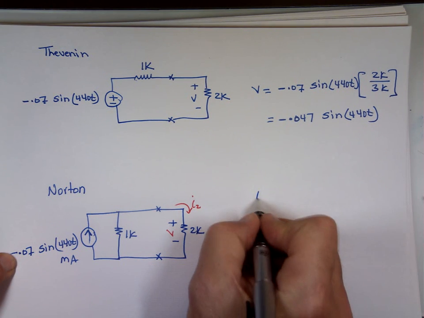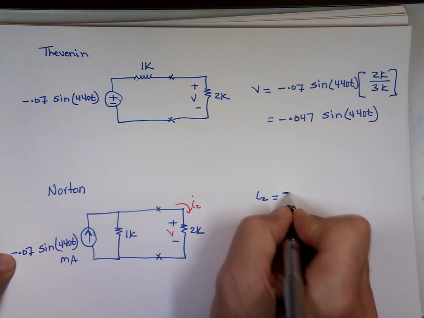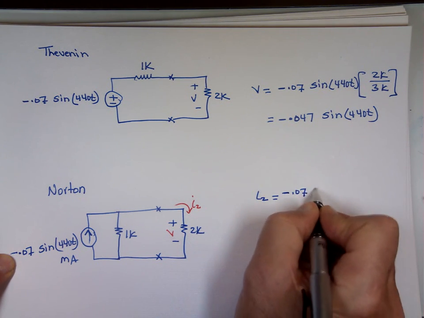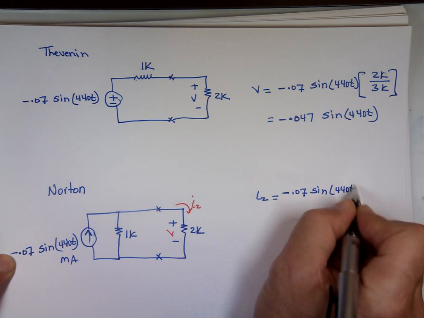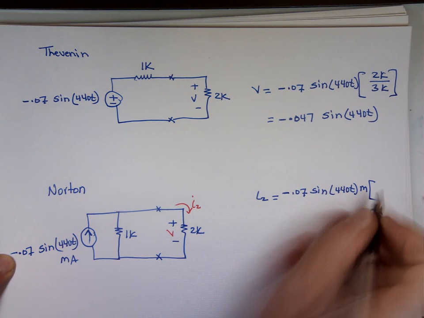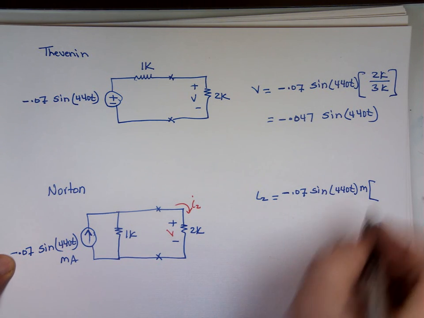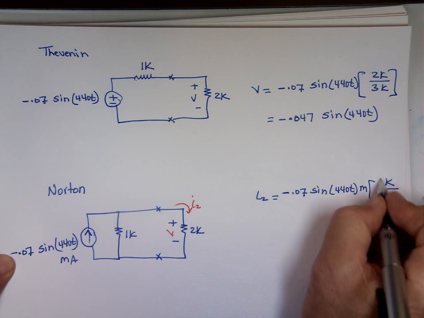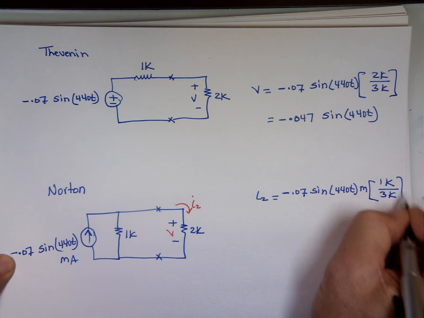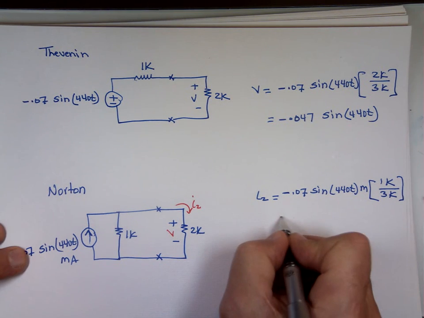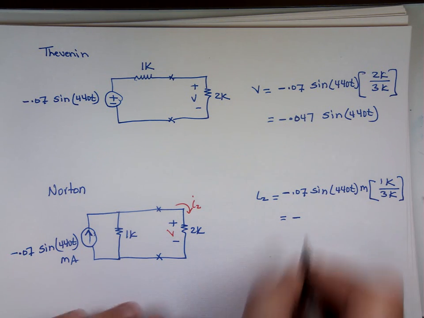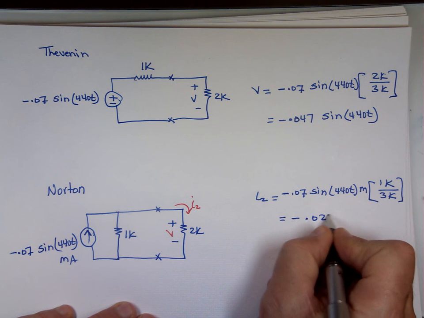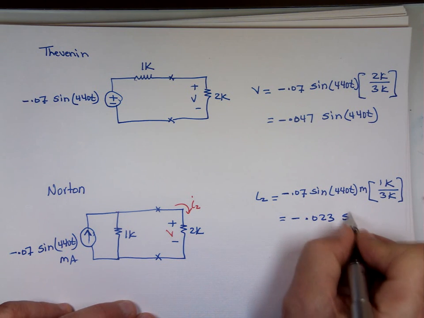Negative 0.07 sine 440t milli times this resistor, which is 1K, over the sum of them, which is 3K. 0.07 divided by 3, negative 0.023 sine 440t milliamp.